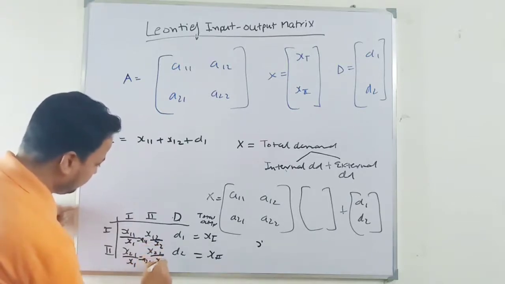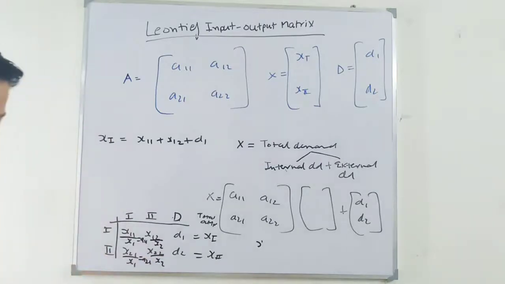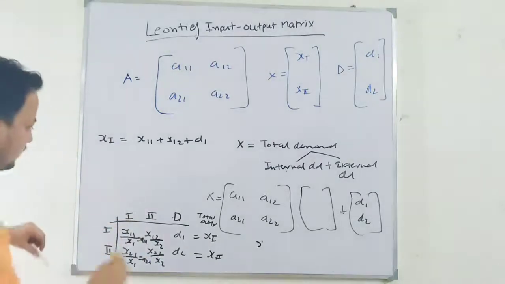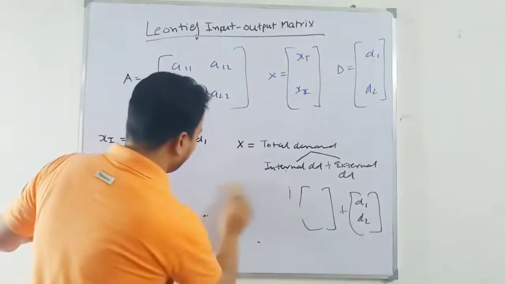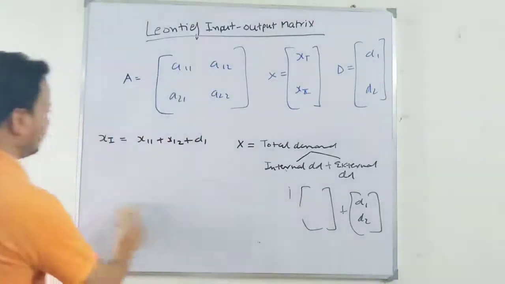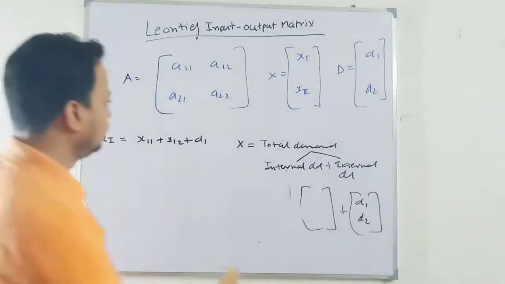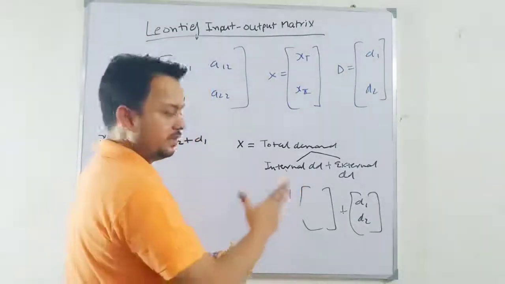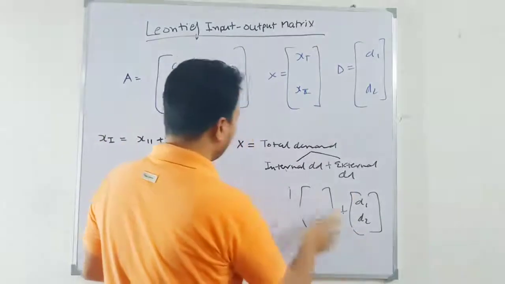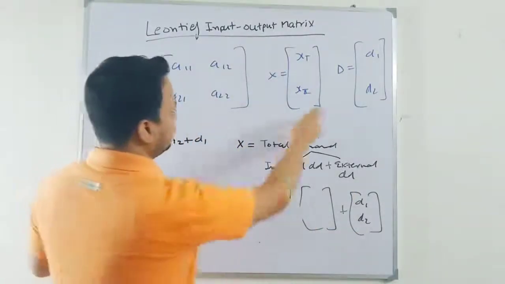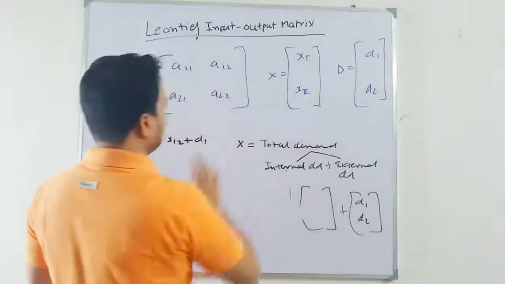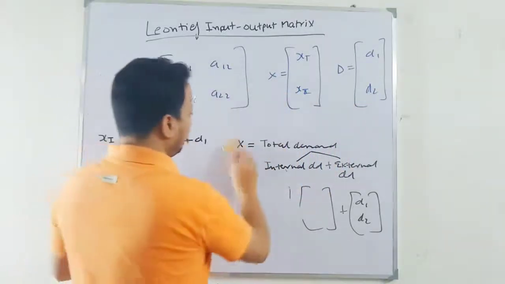Let me write this again, I need a bit more space. Then it will be more clear. We are going to take out the internal demand matrix. External demand you know, x you know, and we have taken out the technology matrix.